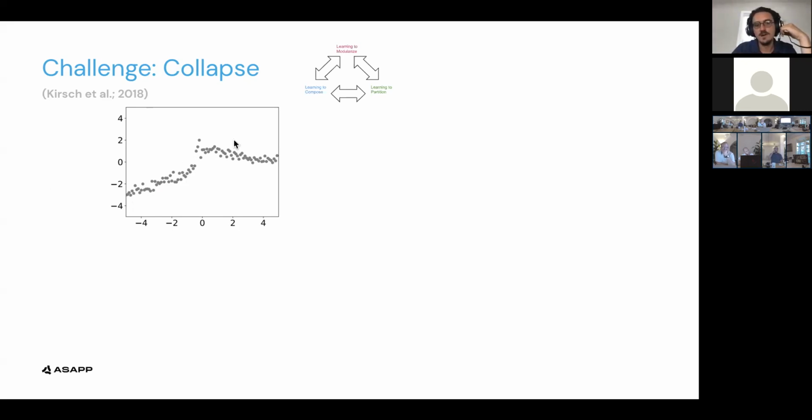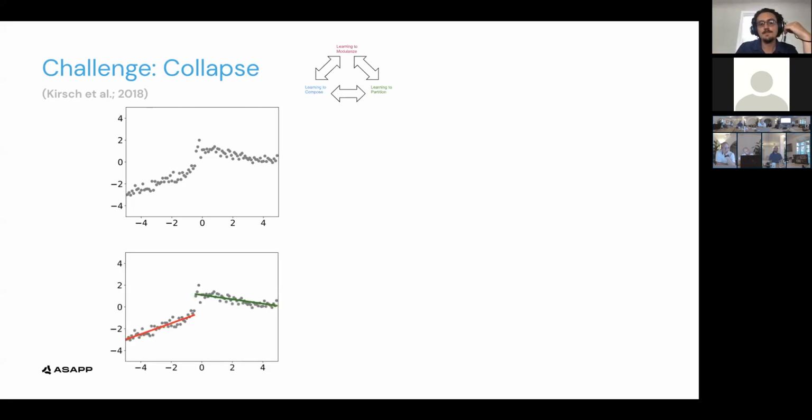So you have this mode, you have this mode, and because you now have a very powerful model, you want to learn a function that approximates them both reasonably. So this is basically what you want: a model that can determine which approximator to choose for which input. This would be a perfect solution for this two-dimensional example.